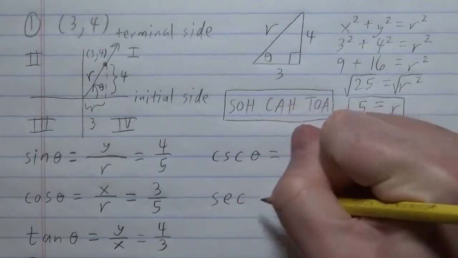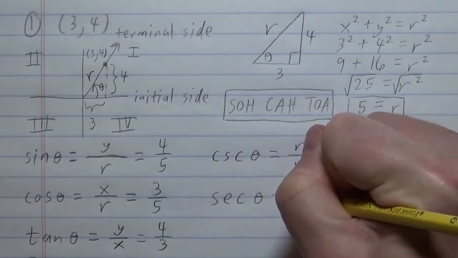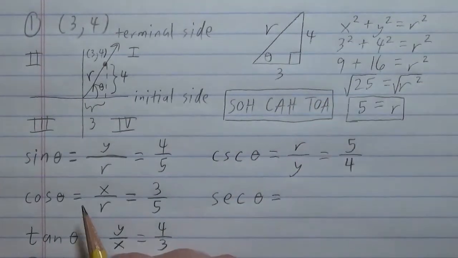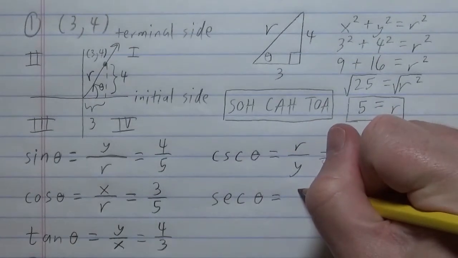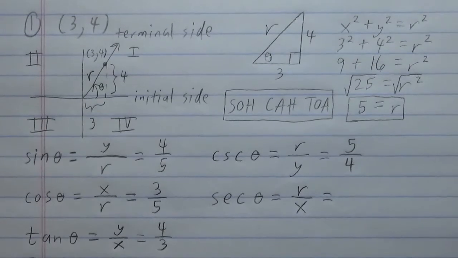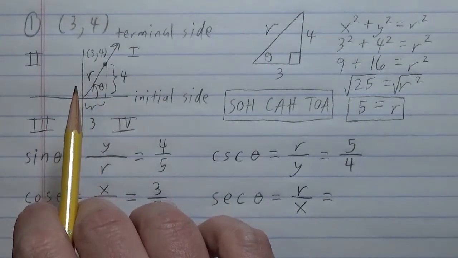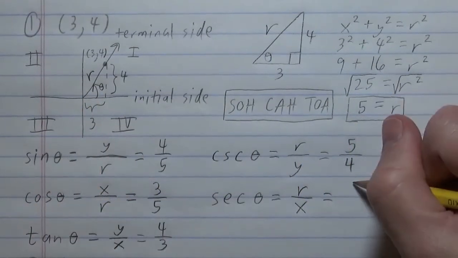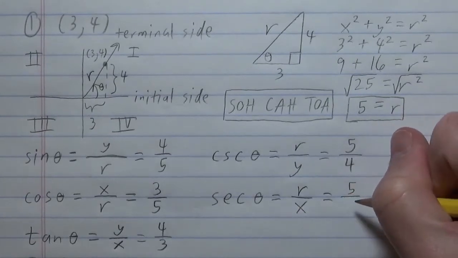Secant of the angle is going to be the reciprocal of cosine, which is r over x. R we calculated to be 5, and x was given to be 3.